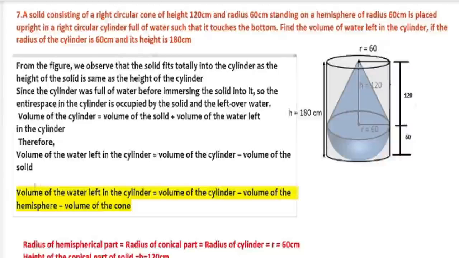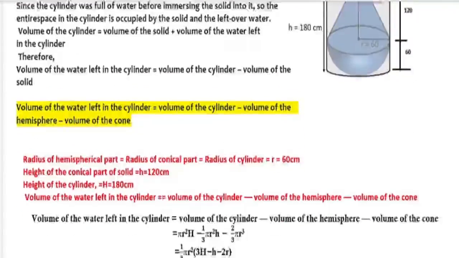That again you can write as the volume of the water left in the cylinder equal to volume of cylinder minus volume of hemisphere minus volume of cone, because the solid consists of cone and hemisphere. So this is the formula we have to apply here. Now we can substitute the values.